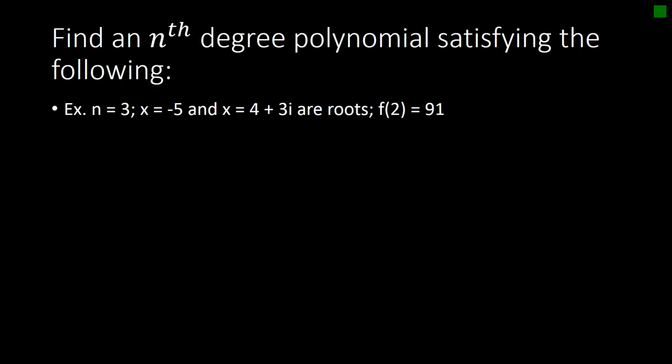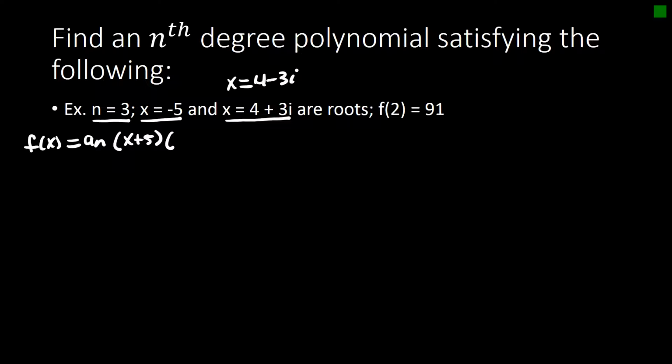Let's look at another one. Here, n is 3, x is negative 5, and x is 4 plus 3i. So we know that x equals 4 minus 3i is also going to be a root. So we have f of x equals our a sub n. x equals negative 5, if I take that over, becomes x plus 5.